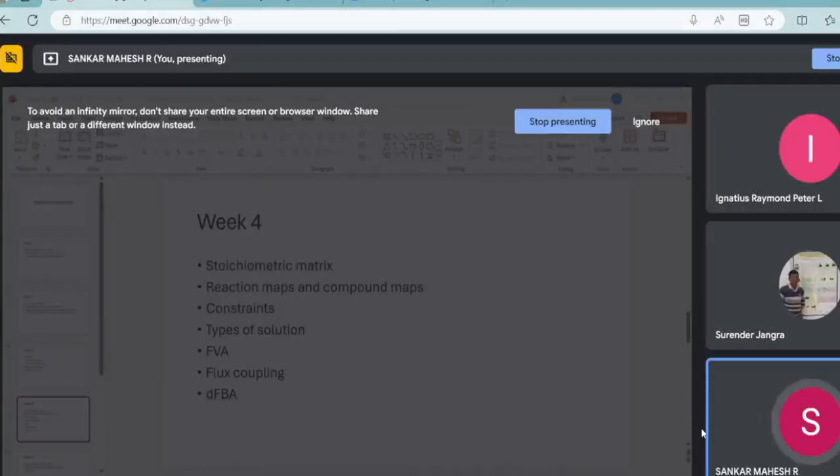The other is the continuously stirred tank reactor. This is a special case where there is a constant supply of the media into the reactor system and a constant removal of the cell biomass from the system. So this is ideally modeled to be in steady state, where the concentration of all the components within the system is constant.